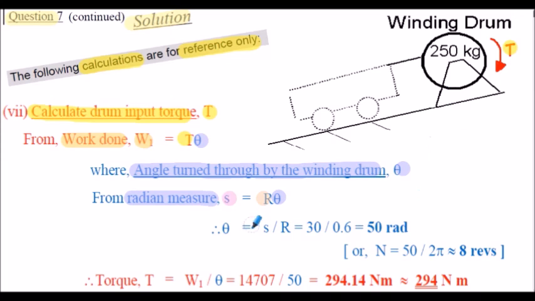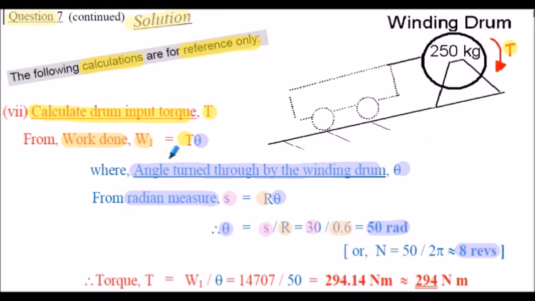So rearranging the equation for theta, that's simply S divided by R. Inserting the values, the distance travelled by the truck up the incline is 30 meters. The radius of the winding drum is 0.6 meters. So that evaluates to an angle turned through of 50 radians. Just note for reference, I've also calculated that in terms of revolutions, but it is the value in radians we'll be using in the calculations.